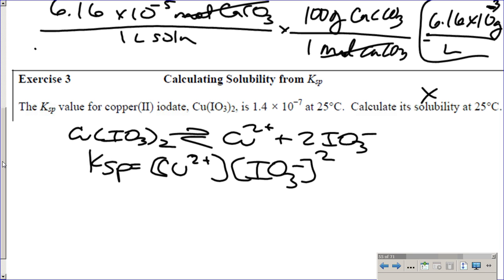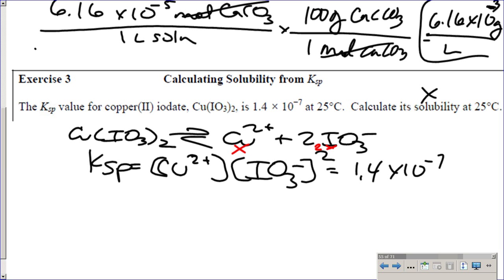Tell me if I'm going too fast, because a lot of this general stuff I go through really fast. I think you know how to write Ksp or K expressions. That's equal to 1.4 times 10 to the negative 7. So, since I've got my ICE, I know how many x's of each of these are forming, which is what? X and 2x.